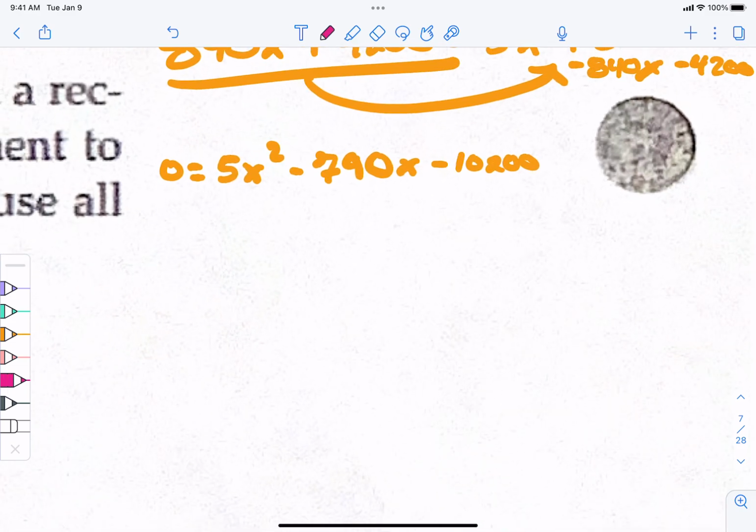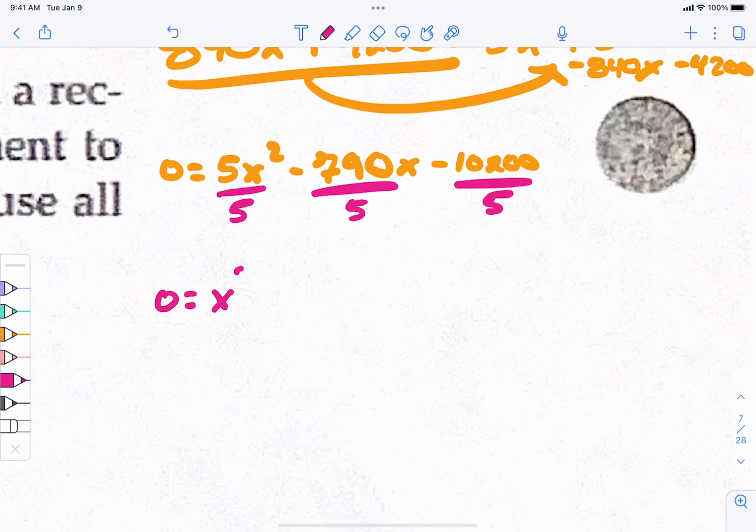It's a quadratic equation. Let's divide by 5. We're almost there: x squared minus 158x. There you go. Perfect. Minus 2,040. I had negative 2,040.